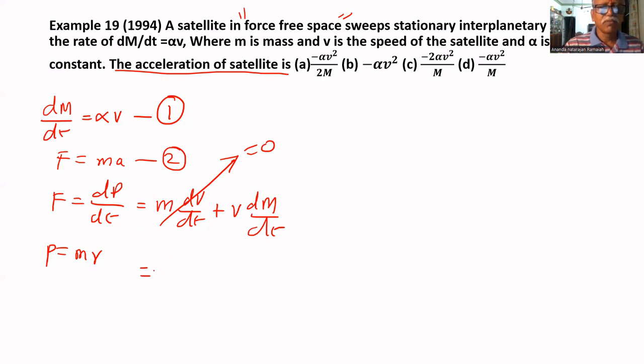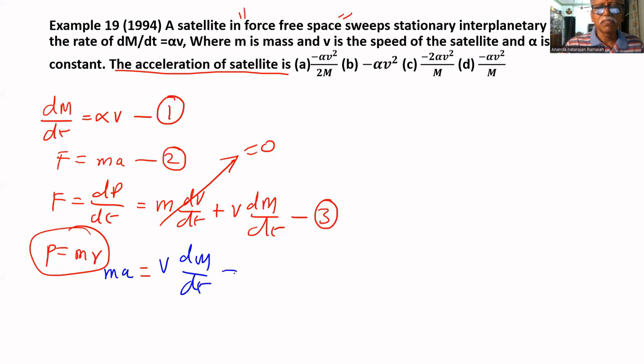That's why if you substitute this, F equal to ma. We have to substitute. This is 3. Acceleration is asked. If you compare 2 and 3, we will get ma equal to v into dm by dt equal to alpha v.